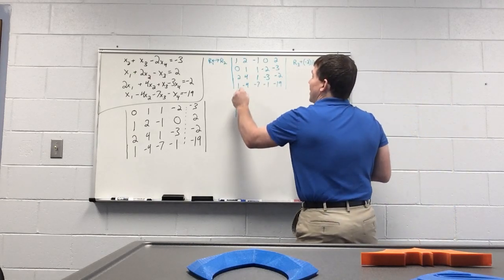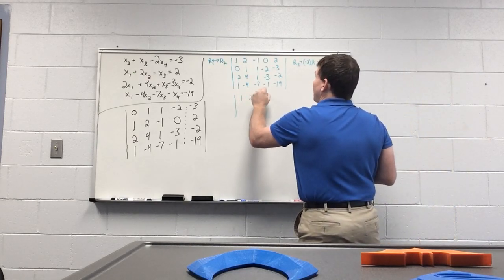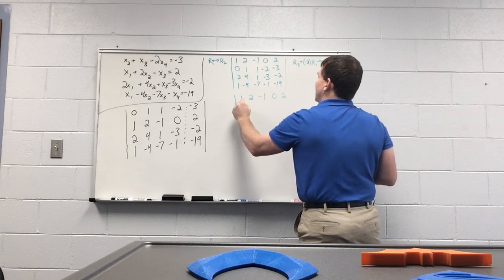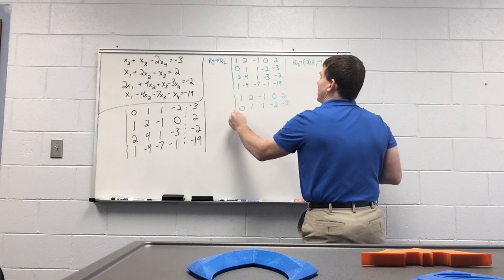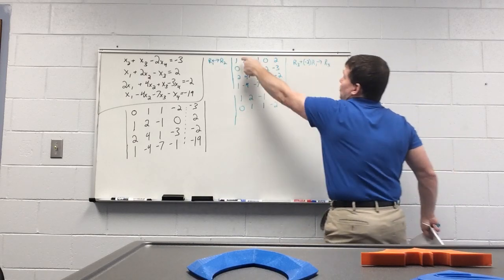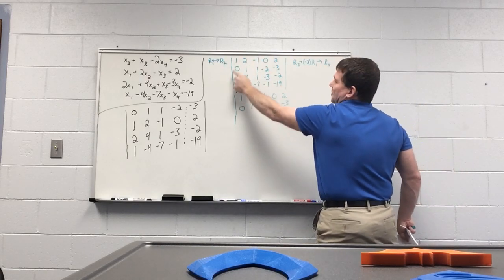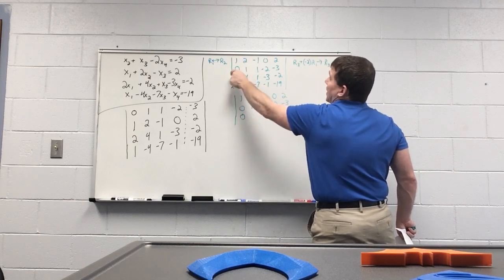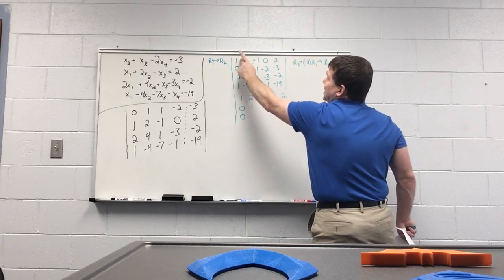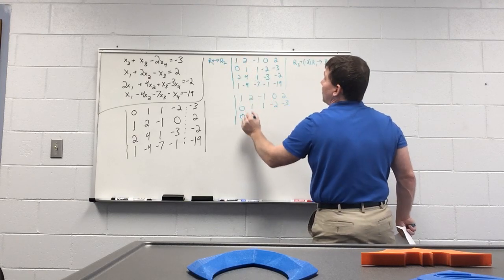So now, the first two will stay the same, so will the fourth. Now, negative 2 times the first plus the third. Negative 2 times 1 is negative 2 plus 2, 0. Negative 2 times 2 is negative 4 plus 4, 0.